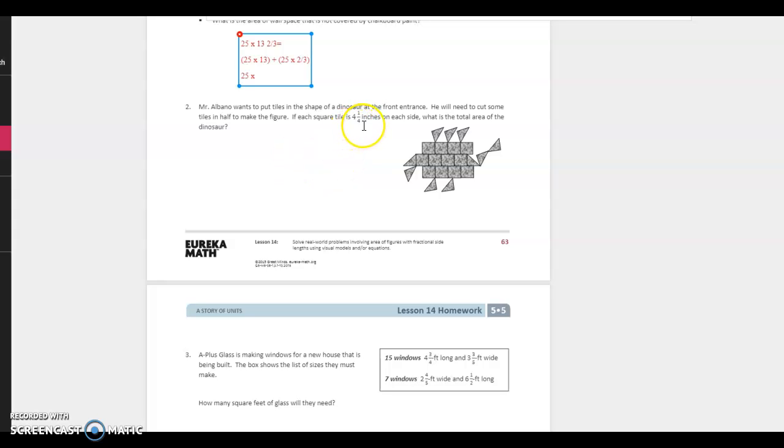It says each square tile is 4 1/4 inches on each side. That means that our length and our width is 4 1/4 inches. In order to find area, we take length times width.